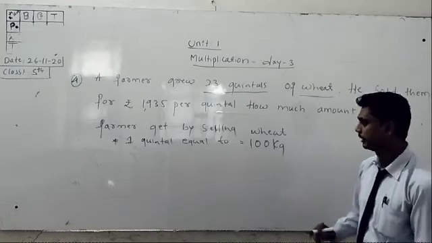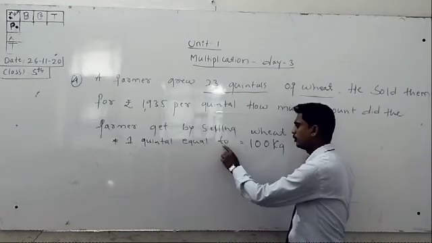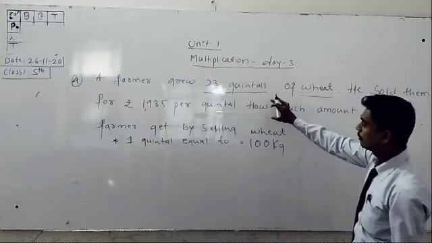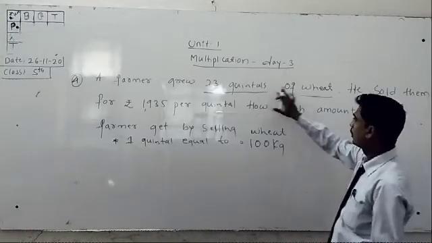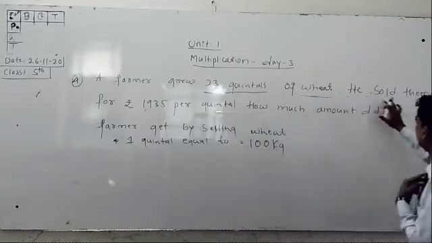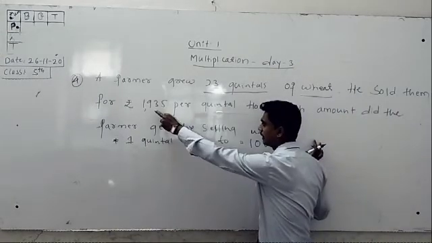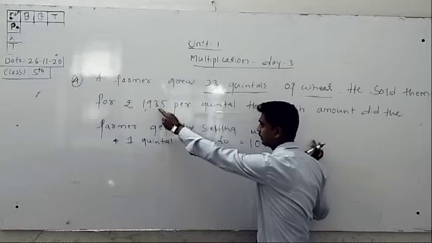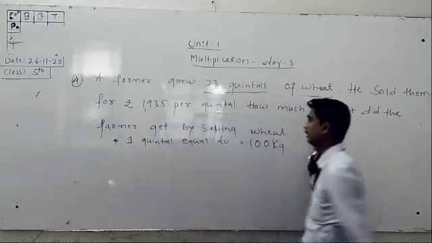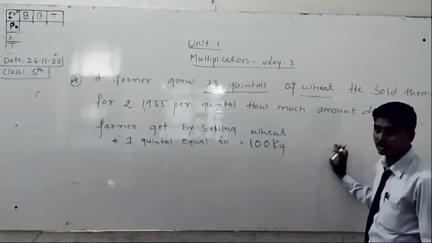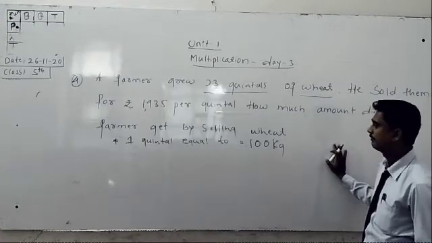Remember, don't write it down. 1 quintal equal to 100 kg. Remember in your mind. A farmer grew 23 quintals of wheat. He sold them for 1,935 per quintal. How much amount did the farmer get by selling wheat?